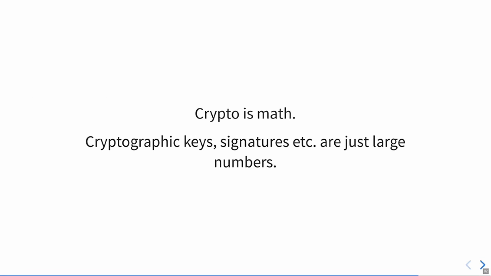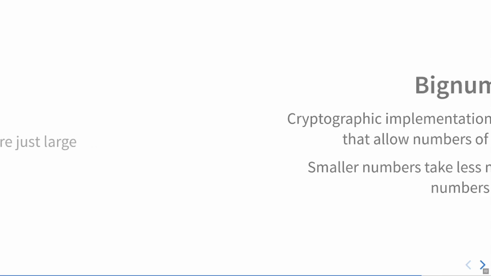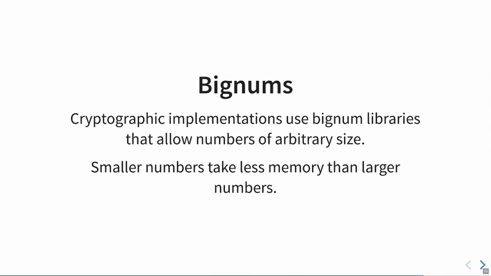When we talk about cryptographic keys or signatures, we're talking about numbers, right? An RSA key is 2 numbers, a signature is 1 number. These cryptographic libraries like OpenSSL use bignum libraries, that is, they have mathematical functions that operate on numbers of arbitrary size.